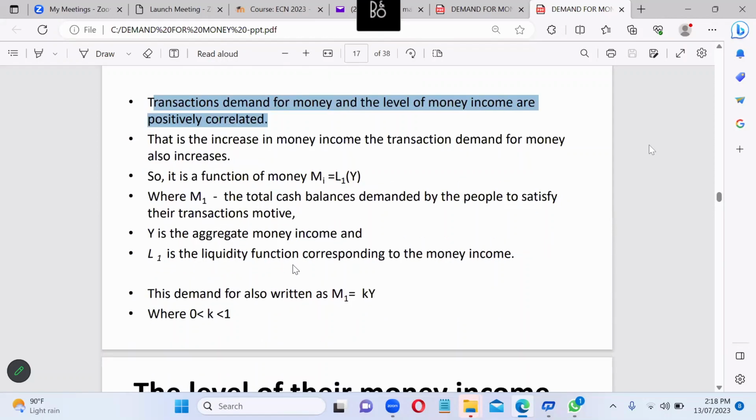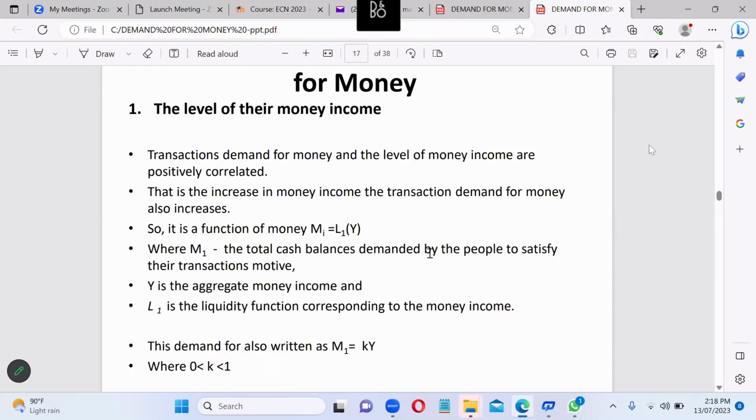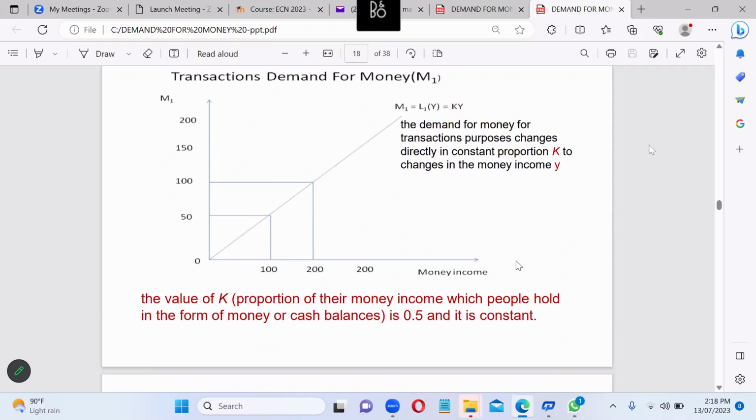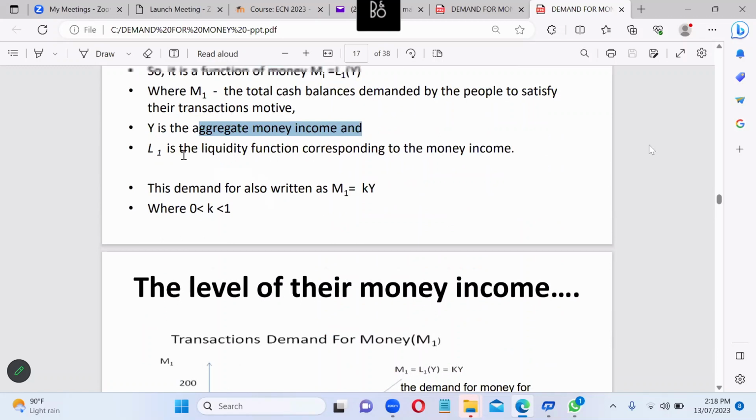Through the graph, M1 is elaborated as the total cash balance demanded by people to satisfy the transaction motive. Y is aggregate income, denoted as Y, monthly income. And L1 is a liquidity function corresponding to the money income.